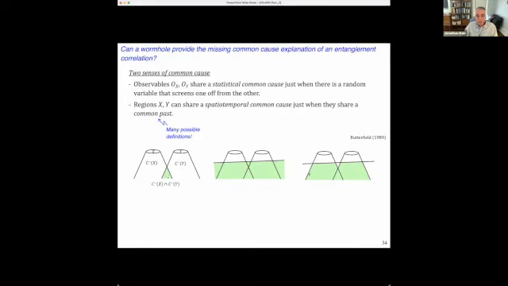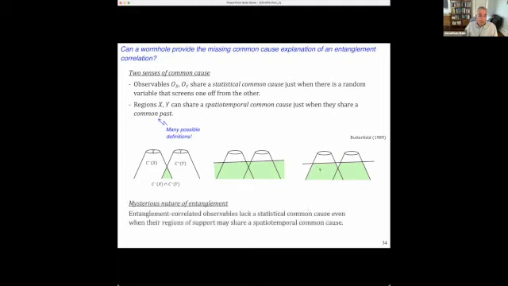But the point here is that you can adopt other candidates too for the common past of two regions X, Y. And this suggests that the mysterious nature of entanglement might be understood in terms of this kind of separation between these two notions of common cause. Entanglement correlated observables lack a statistical common cause, even when their regions of support may share a spatiotemporal common cause. It just depends on the definition of common past you adopt.